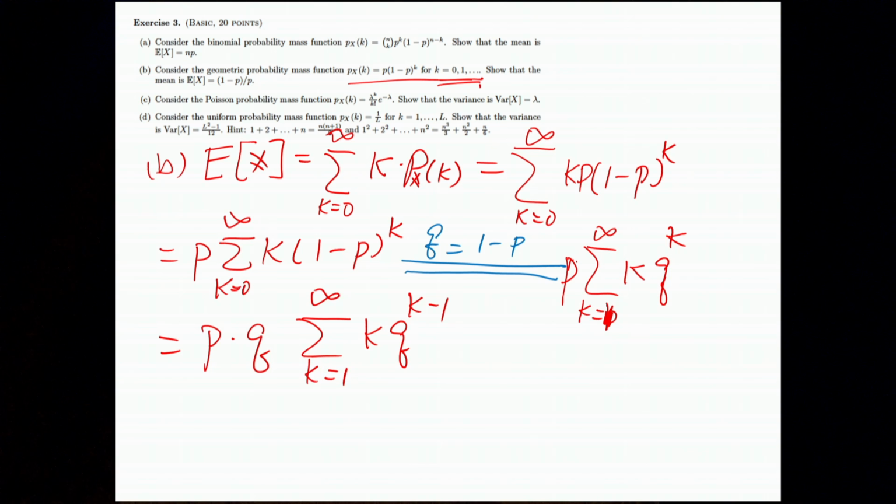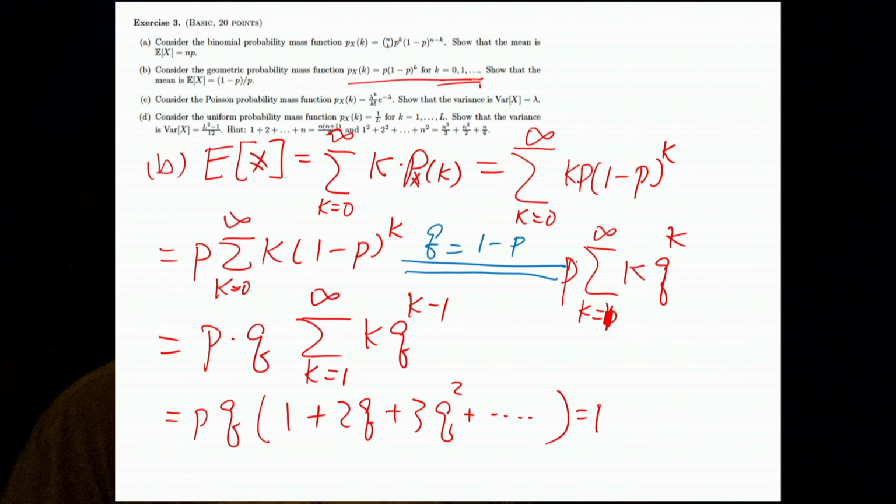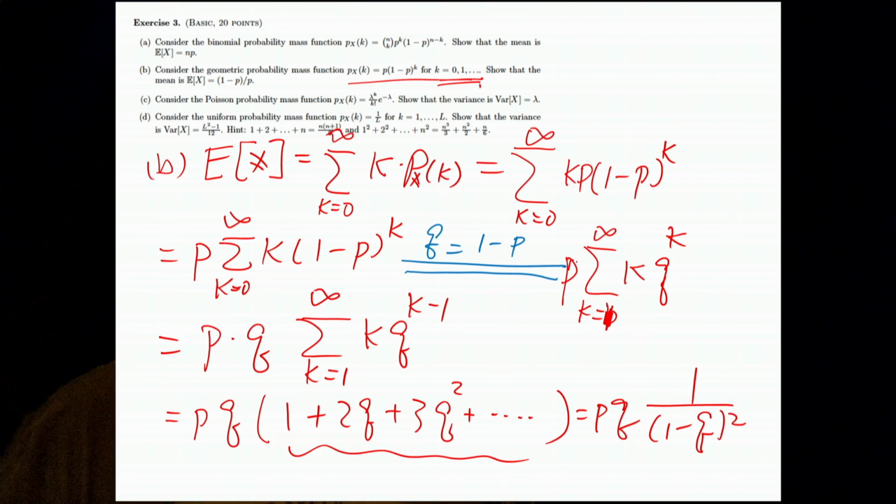to infinity. Why do we want to do this? Because if you expand the summation, it is 1 plus 2q plus 3q squared and so on to infinity. We did this in homework 1, and we know this summation is 1 over (1 minus q) squared.